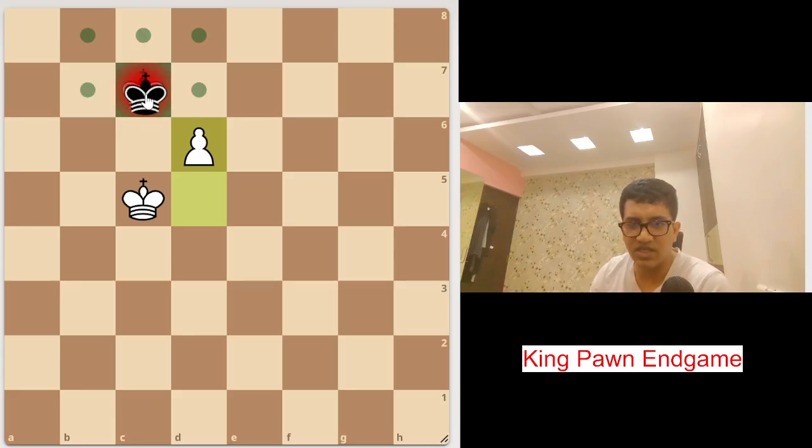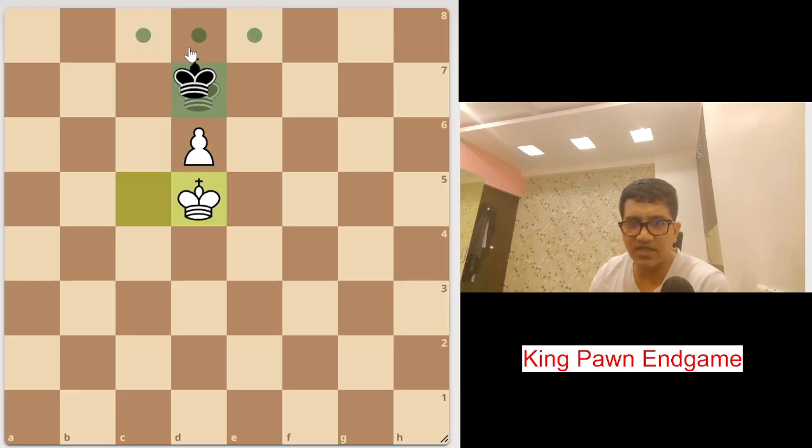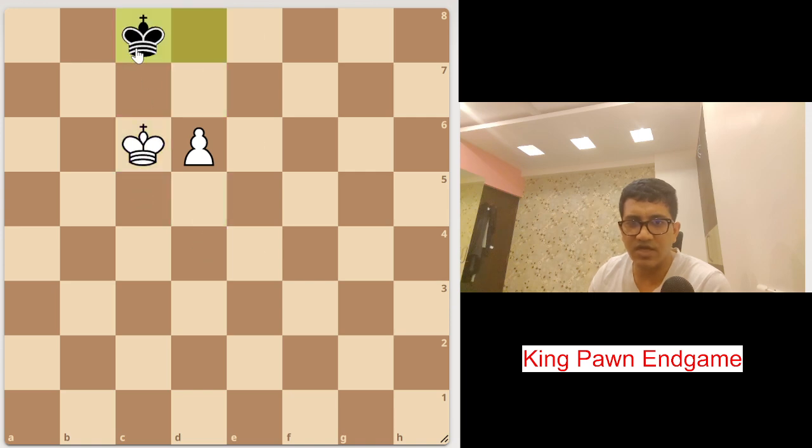Just see. Let's suppose he moved it here, right? So the game will continue like this. You can't do anything, even if he goes here, and then he will come to manage the opposition. Now move. Once it comes, this is a stalemate and this is a draw.